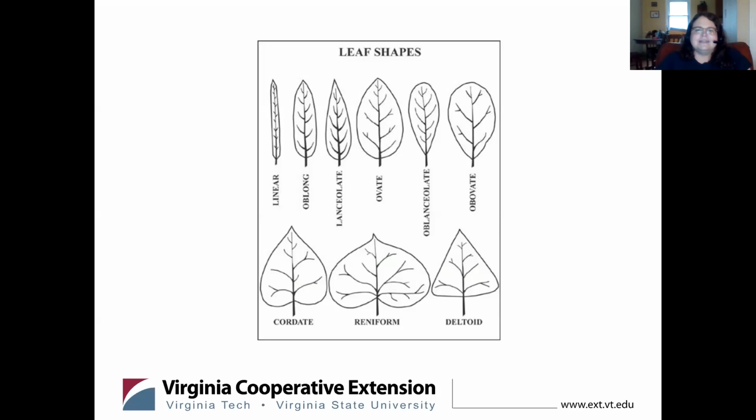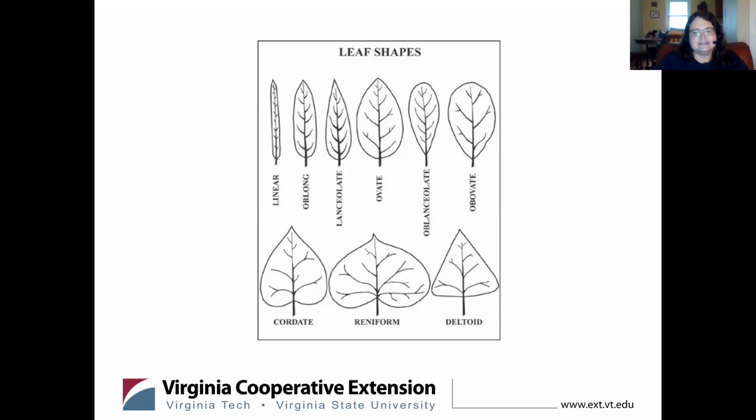So a little bit about leaf shapes. Of course, last presentation, we talked about bud arrangement, opposite or alternate. We talked about all kinds of details like that, but then a little bit about the leaves. So this picture right here comes from Dr. Dirr's Woody Plant Manual.